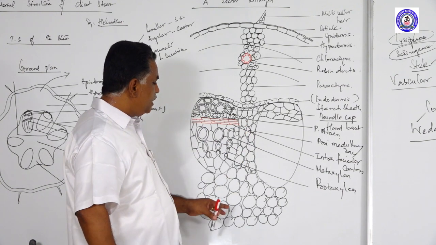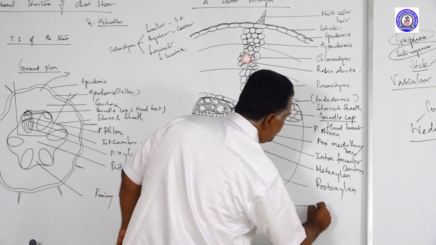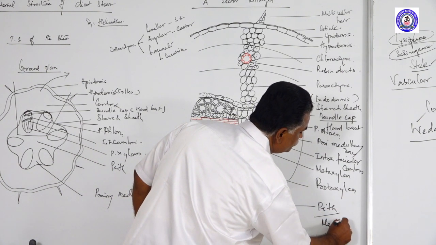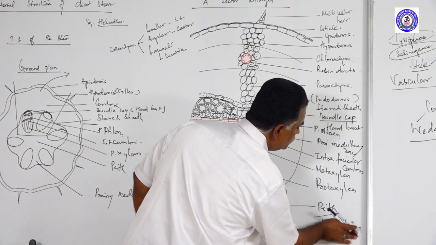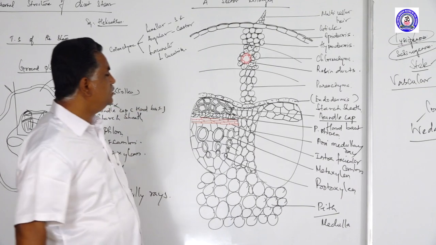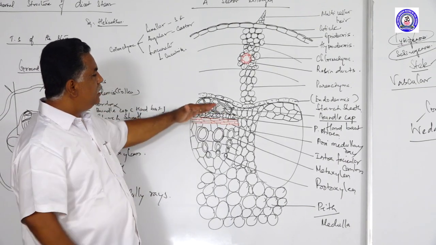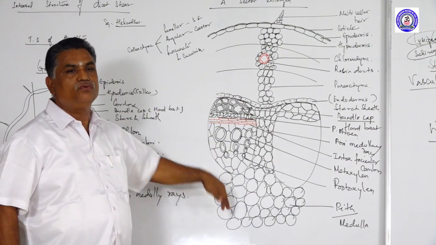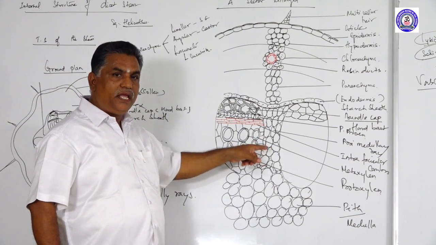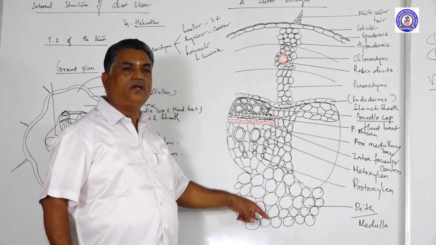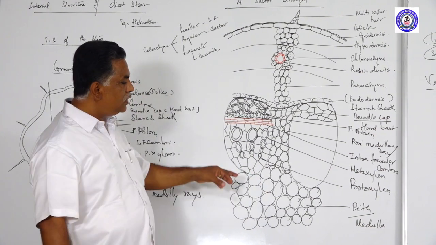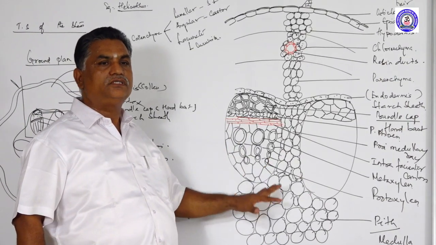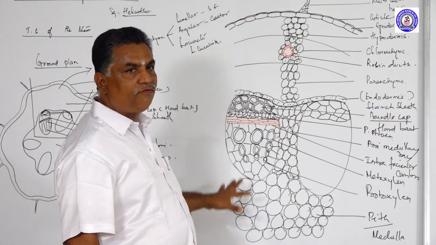The primary medullary ray and the center pith, which can also be called medulla, together are called the ground tissue found inside the stele. So primary medullary ray and pith are together called intrastelar ground tissue. Intrastelar ground tissue is made up of parenchyma. Its function is storage of starch grains. So this is the primary structure of dicot stem.